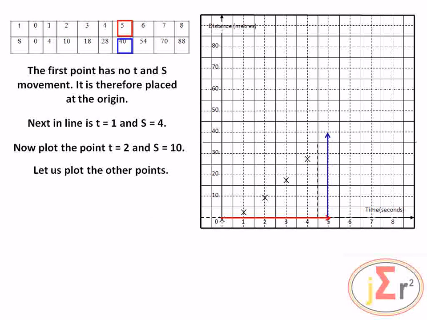So 5 for t and s is 40. Another point is 6, 54. The point is placed right there. And 7, 70. And finally, we have 8, 88.